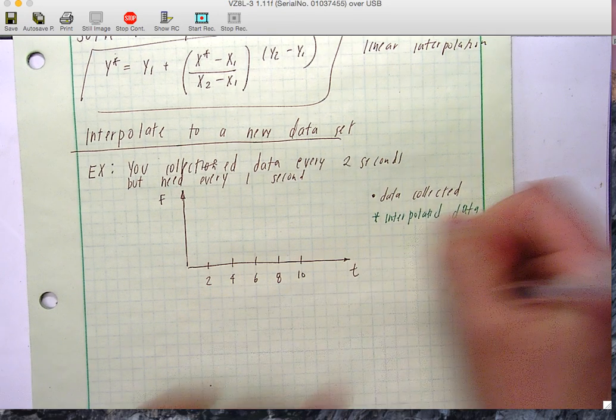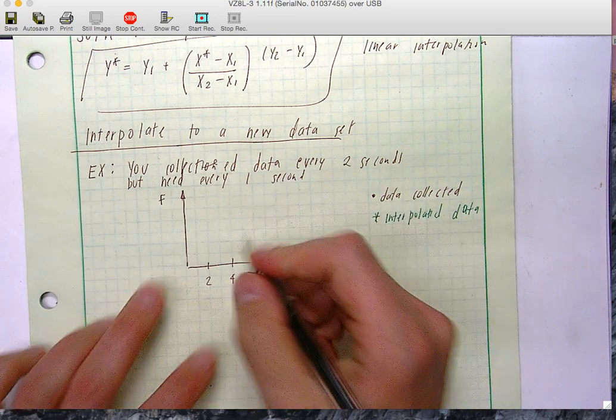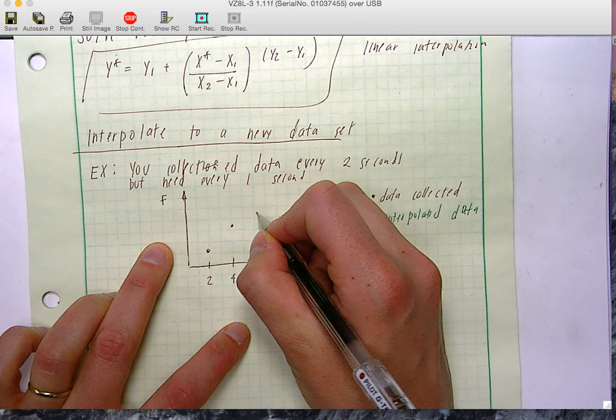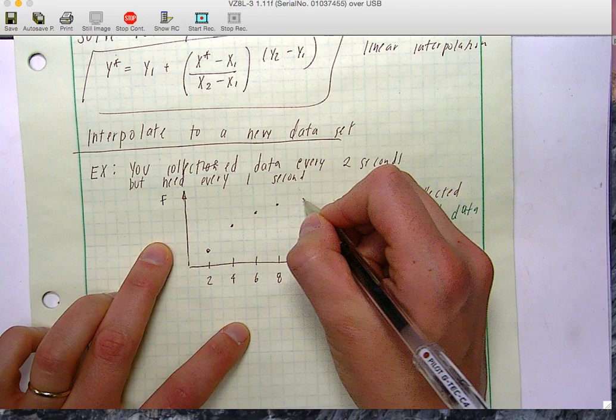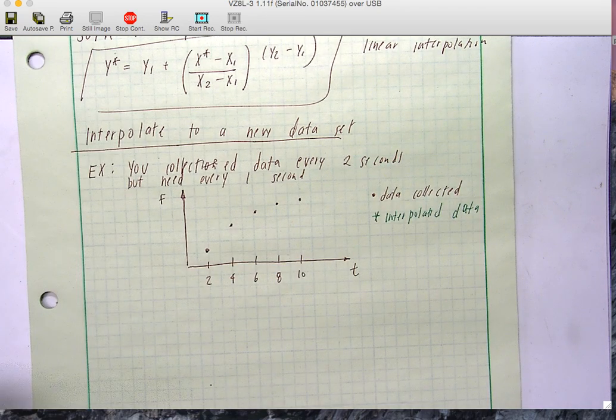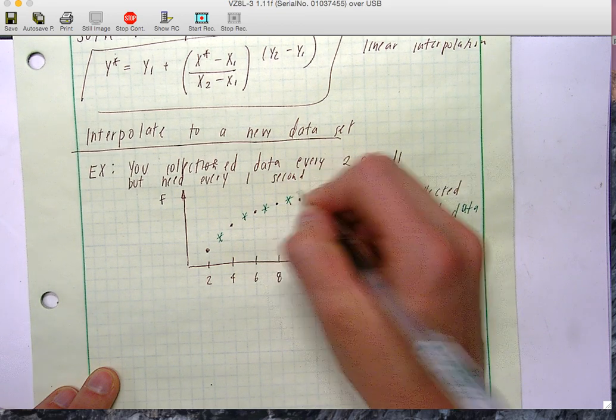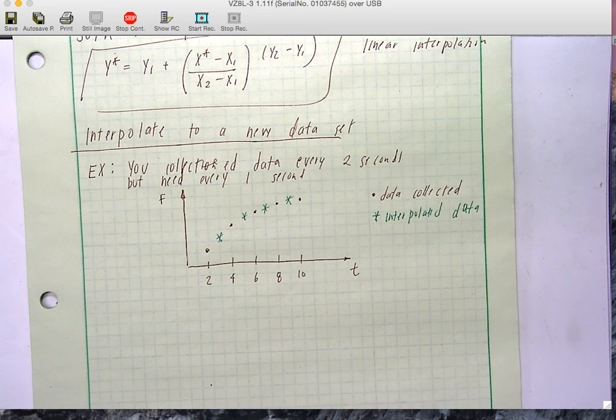So you're going to have a lot of points. So you have both these dot points, which were collected, and you need to adjust it to get it on those star points. And so you always want to think of stars as the points you're looking for, and the dots is what you were already given.